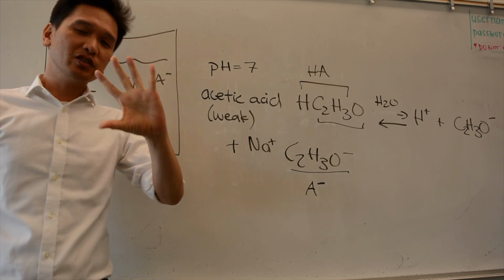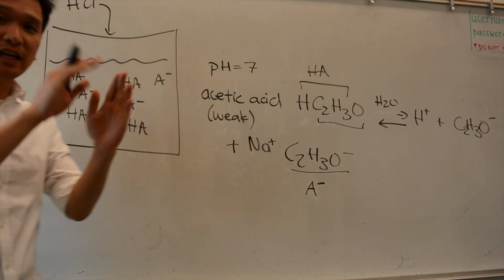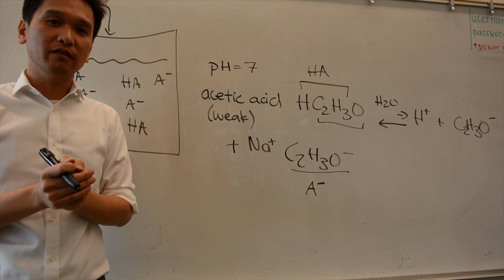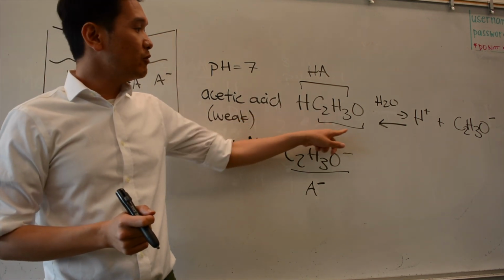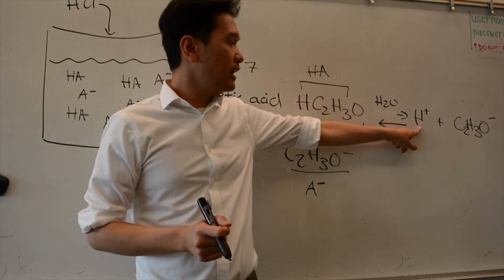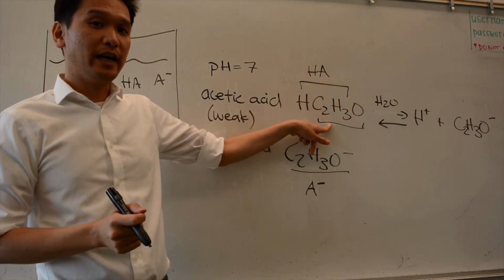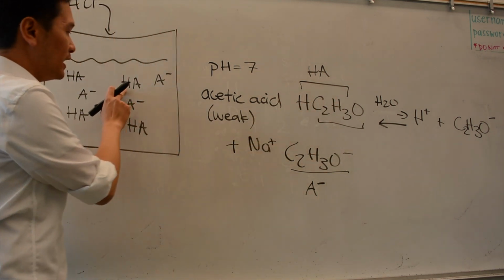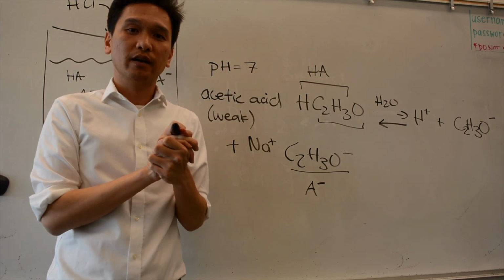To simplify it, let's just say it is. And how do we know it is? Because we don't see any hydrogens floating around by themselves. Because acetic acid is a weak acid, it will generate that hydrogen by itself, but mostly it will stay as an intact molecule. So you only see HA and A minus, no H pluses hanging around, correct?